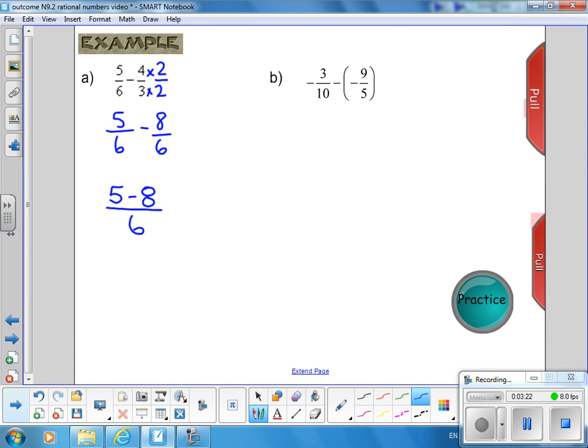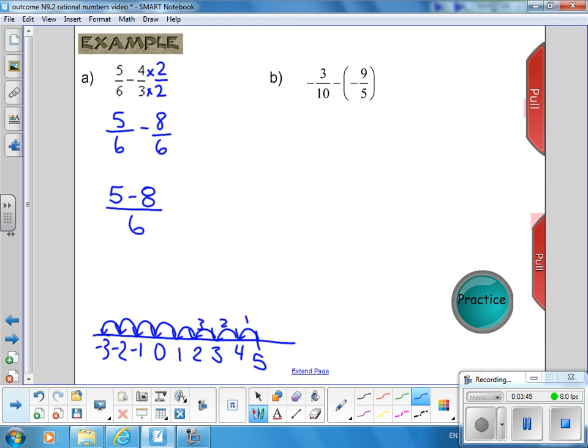So 5 subtract 8. On a number line, if we start at 5 and go back 8 spots, we have 4, 3, 2, 1, 0, negative 1, negative 2, negative 3. That was 8 going backwards. So 5 subtract 8 is negative 3.